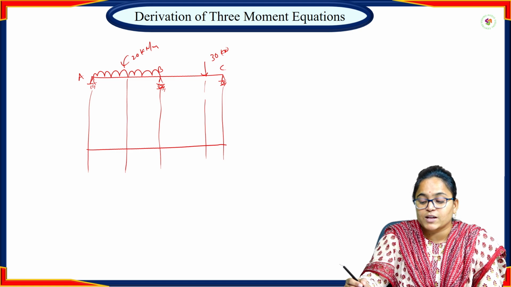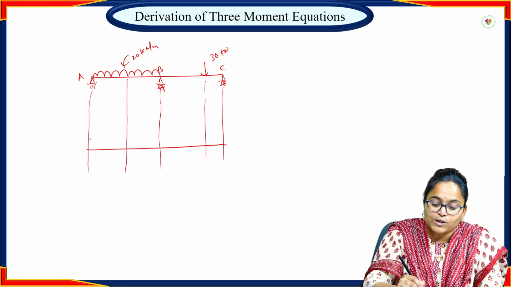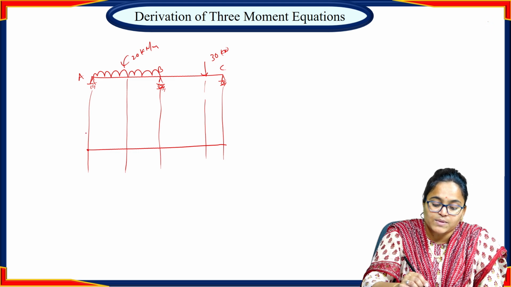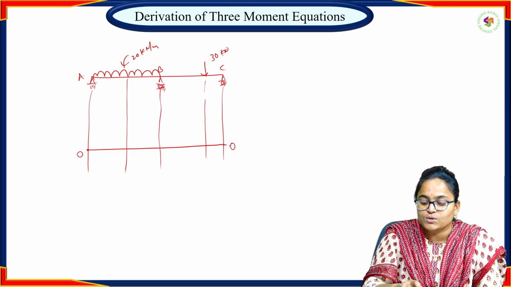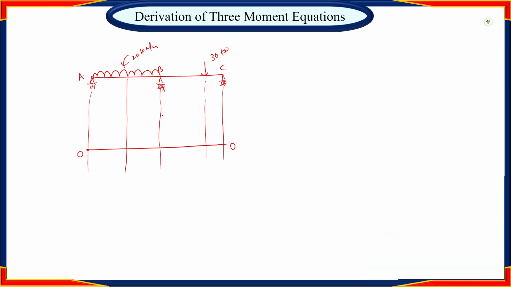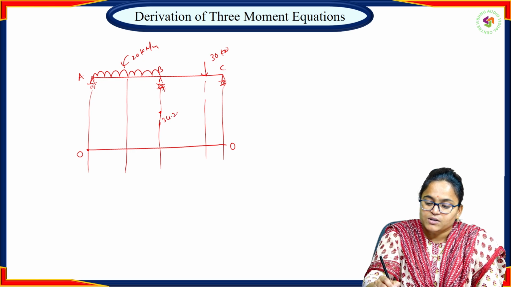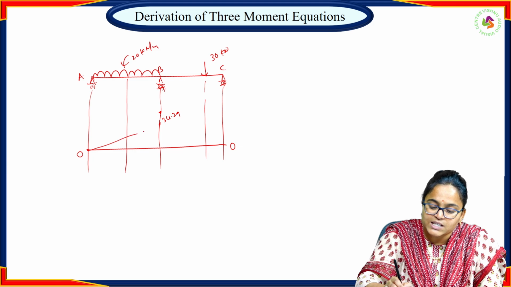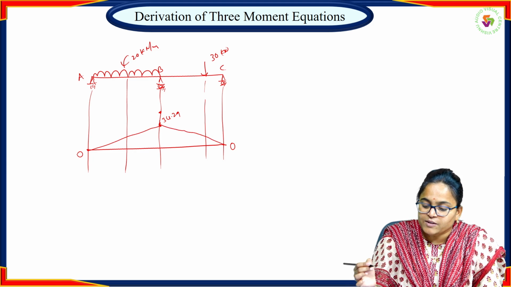By combining the free BMD and fixed BMD, we'll get the final BMD. We know the moment at A is 0 and the moment at C is also 0. So this is the 0-0 reference line, and we know the value of MB as 34.29. Just joining these values, we'll get the fixed BMD for the given case.